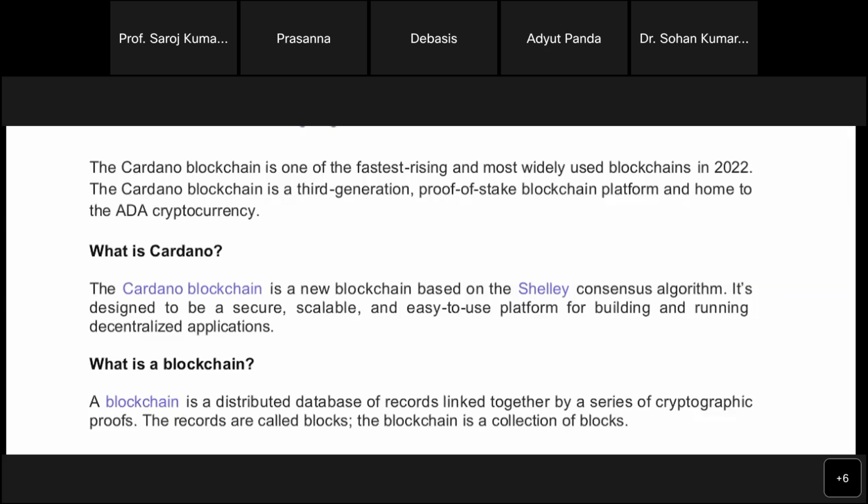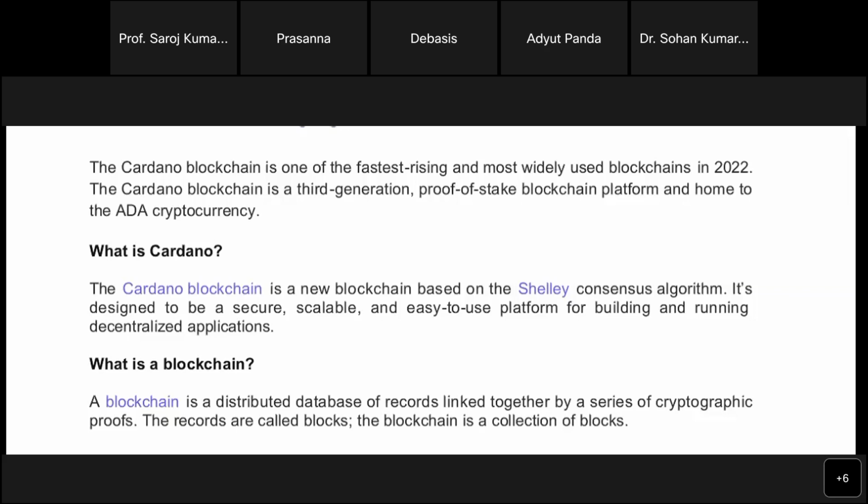Who developed the blockchain? Does anybody know? Charles Hoskinson. Actually, he is the co-founder of Ethereum. We know that Ethereum is also another cryptocurrency we are using.